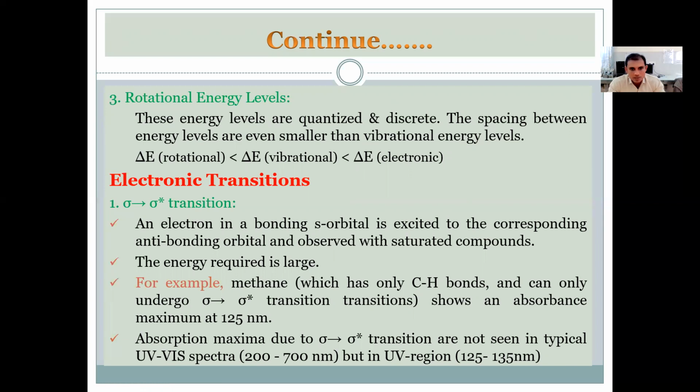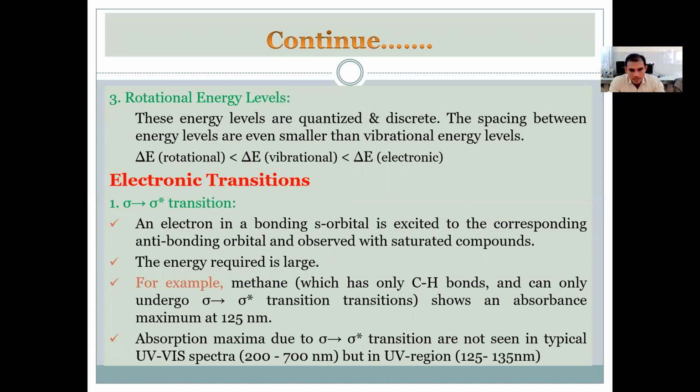An electron in a bonding s orbital is excited to the corresponding antibonding orbital, and this is observed with saturated compounds. This type of transition is possible in saturated compounds. The energy required is large.